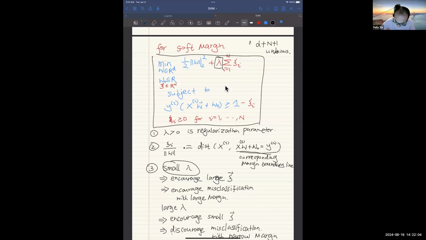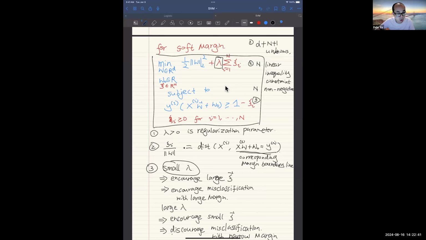And we have n linear inequality constraints, mixed with all these x_i and y_i, and a non-negative constraint because the xi_i has to be greater than 0.